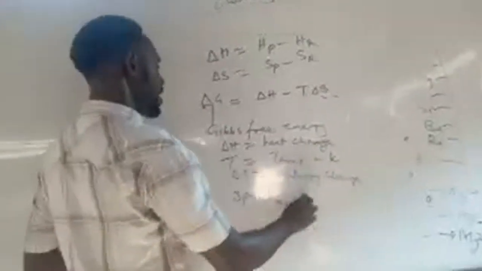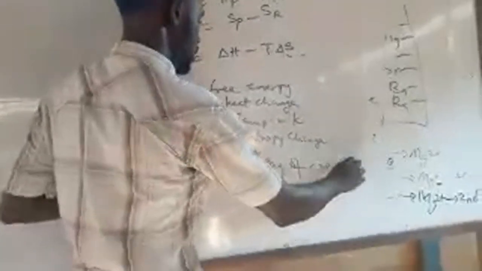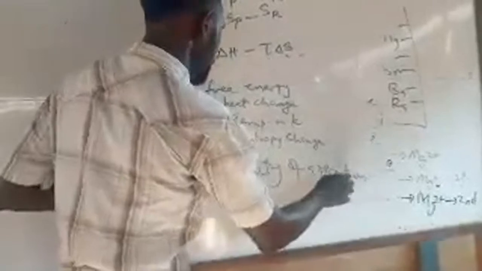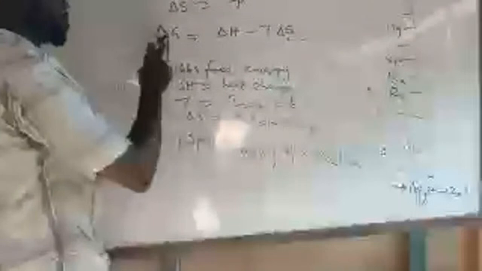Now, the Gibbs free energy is used to determine spontaneity. What do we mean here? Spontaneity of a reaction is determined by the value of change in free energy. Whether a reaction will proceed on its own, whether it requires external energy before it proceeds, or whether a given reversible reaction is at equilibrium, it is determined by free energy.